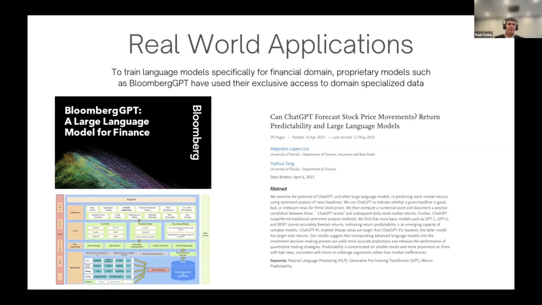There was ThinGPT, which pretty much combines several approaches, and it's more explanatory, this paper. And lastly, ChatGPT forecasting stock price movements, leveraging large language models for that task in the stock market.